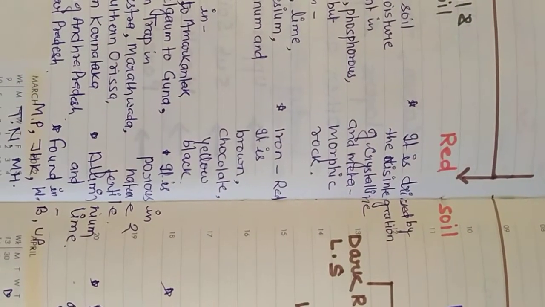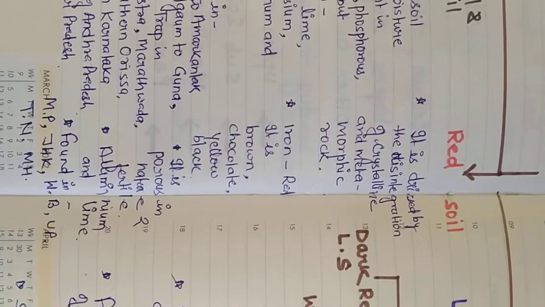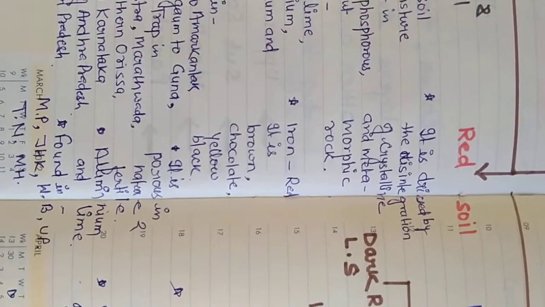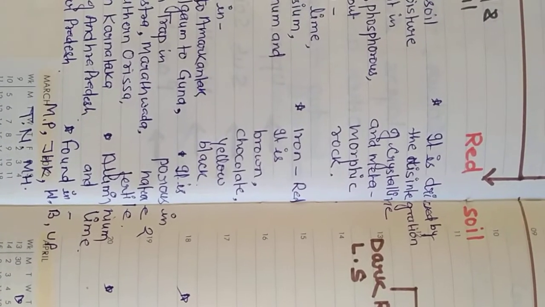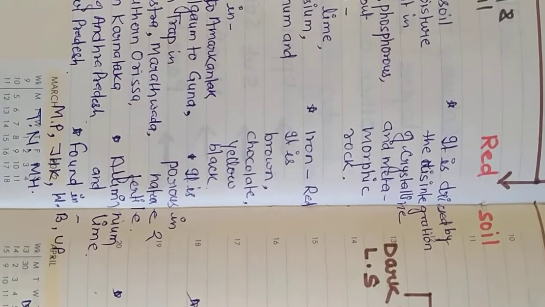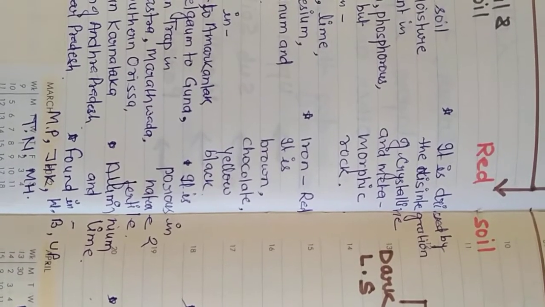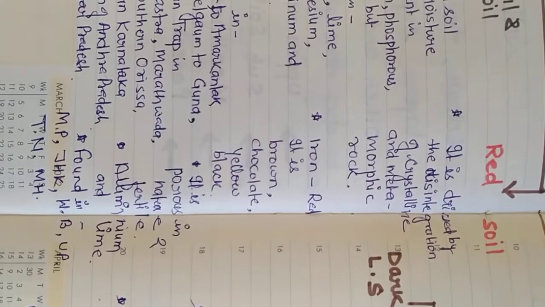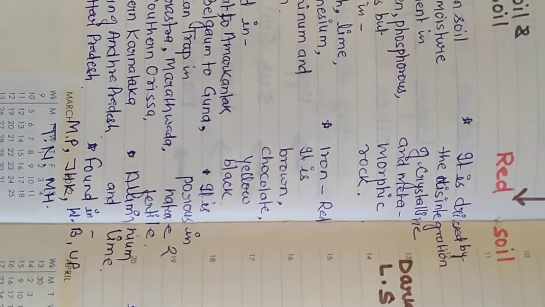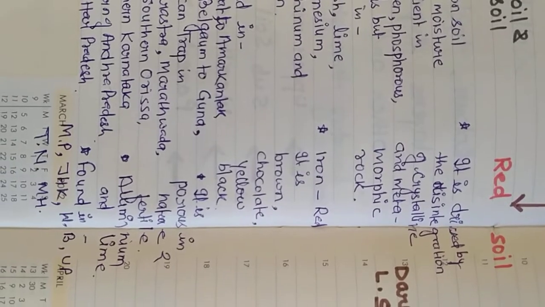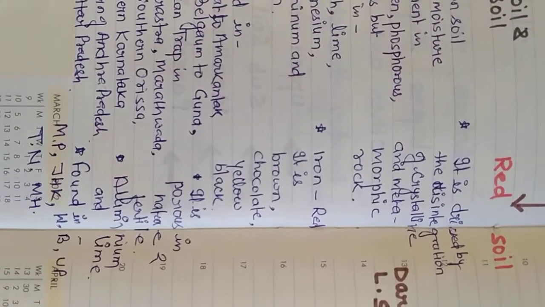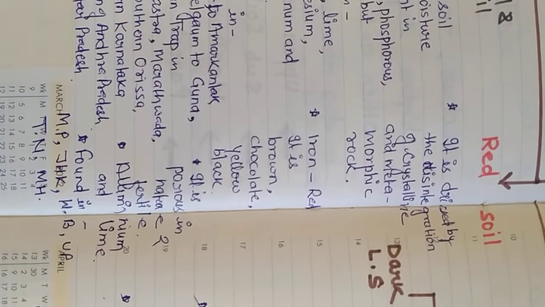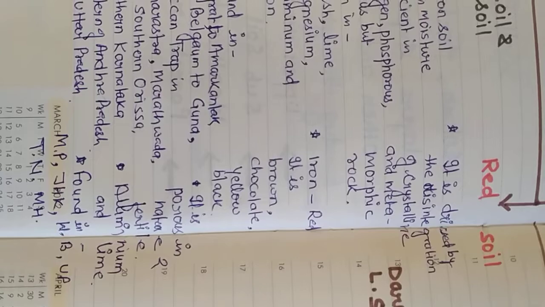Then come to red soil. It is derived by the disintegration of crystalline and metamorphic rocks. Due to the iron, the color of this soil is red-brown. Somewhere we can also find this soil in a chocolatey or yellow or black color.